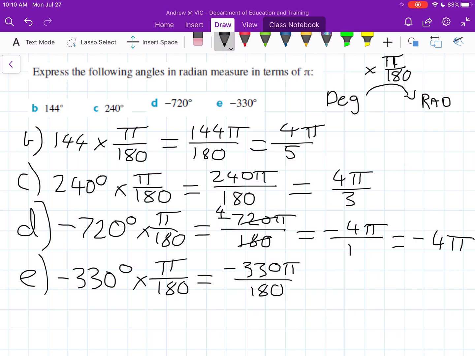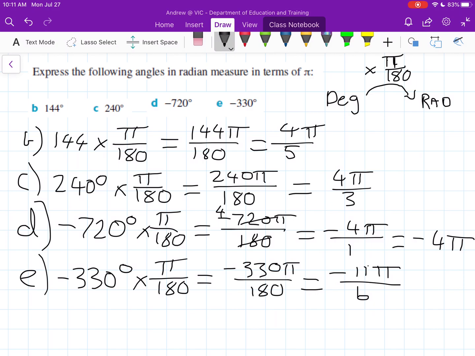When you break it all down, this is equal to negative 11 pi on 6. Okay, so this is how you break them all down.